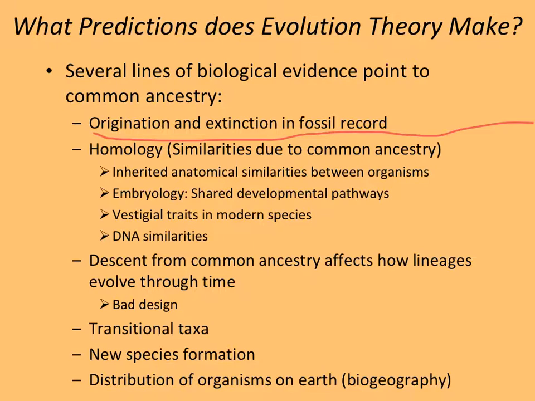So like we have 4 limbs, that's why we are more like other 4-limbed vertebrates, amphibians, birds, a bunch of different reptiles, mammals, than we are to fishes, which originated much earlier than the 4-legged vertebrates. There's also embryology, and as we'll see, we'll go through all of these.